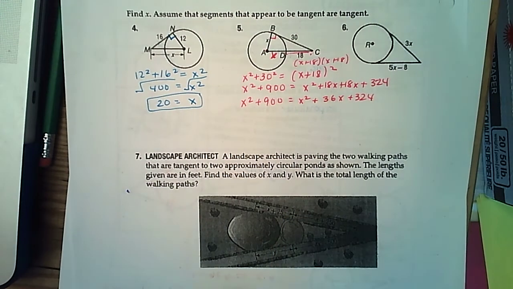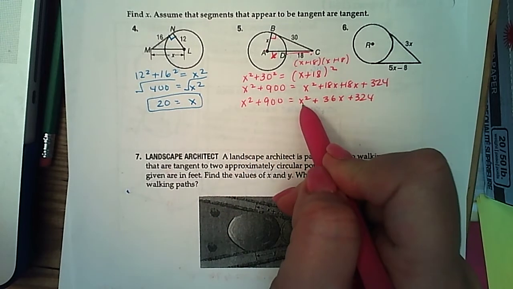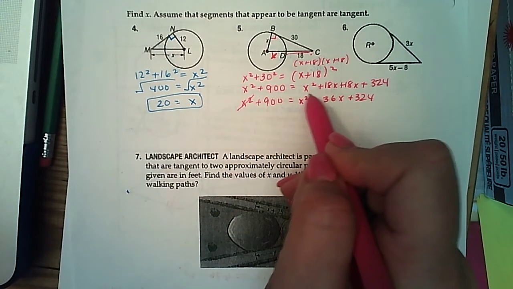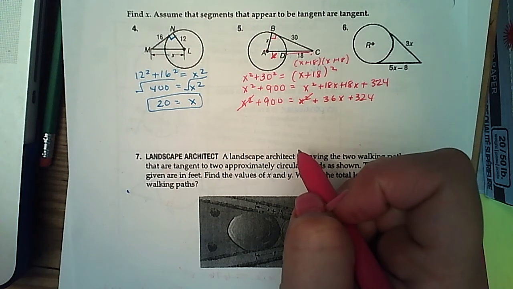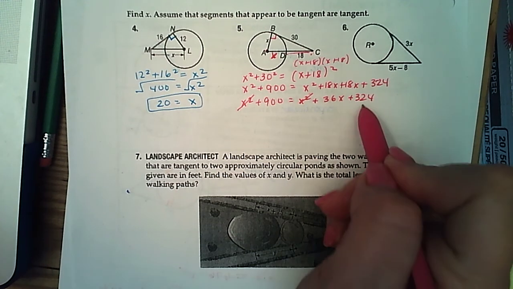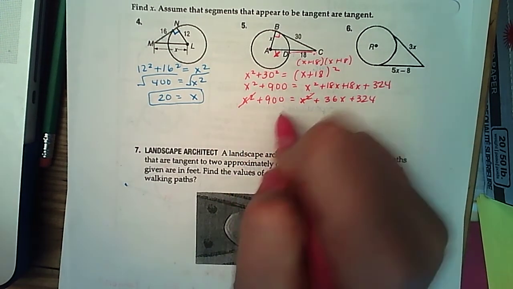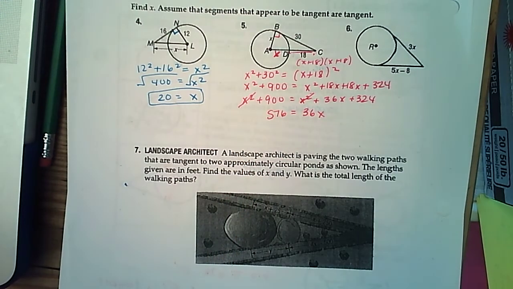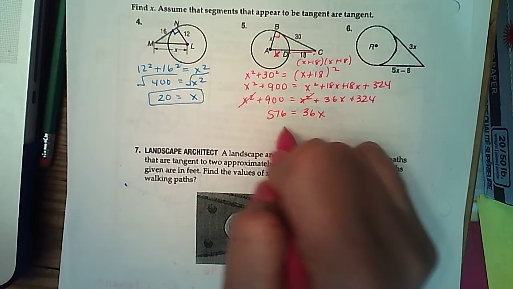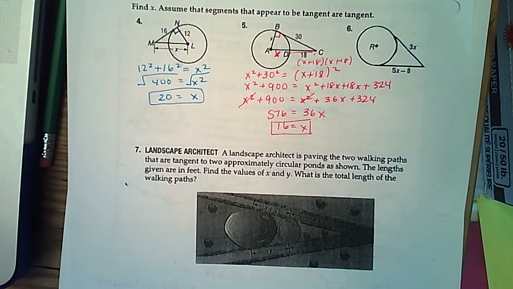All right, so now, first thing I want to do is pull that x squared over, and as you can see, I've got the x squared on both sides. Going to dissipate, because it'll be 0 x squared. So then I'm left with a two-step equation, so I need to bring the 324 over. Divide by my 36. Perfect.